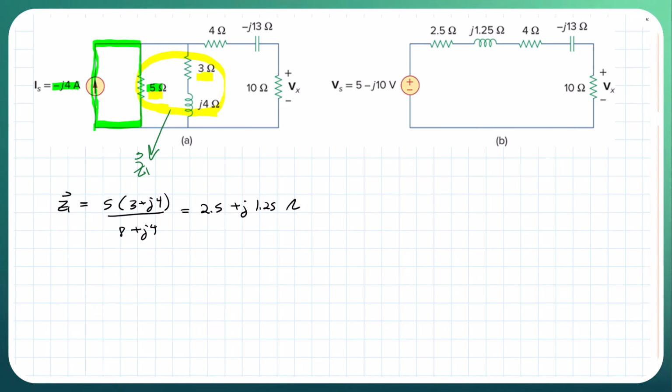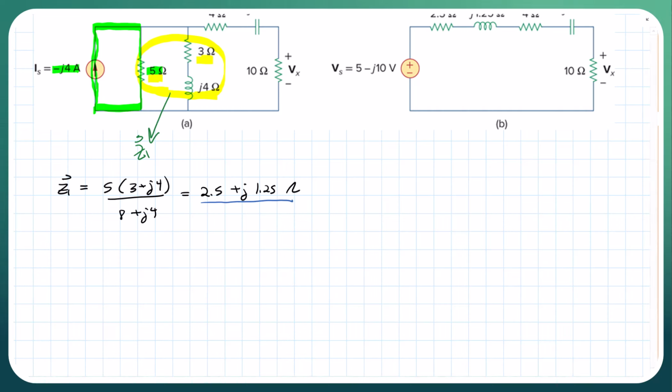Next, now that we have Z1 defined for that section, we can convert back from the current source to a voltage source, and to do that we have to go back to this guy, and we know that Vs is just going to be Zs times Is.